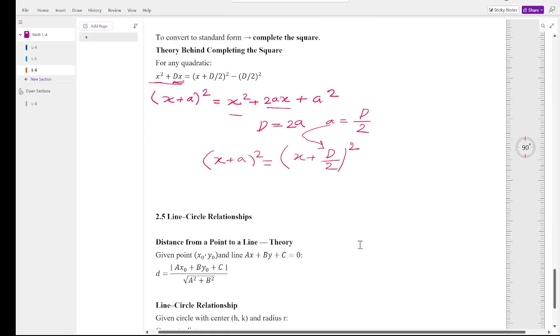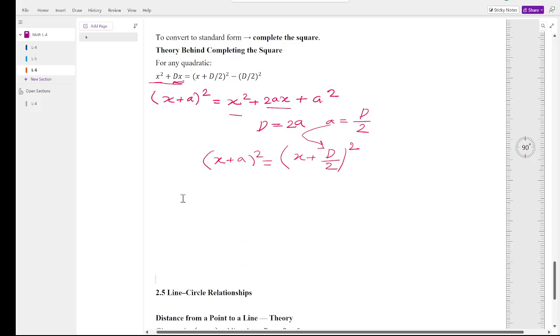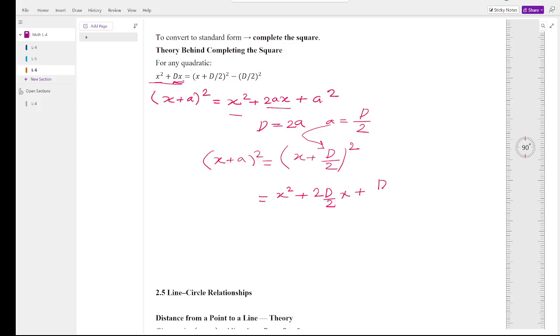Now we multiply. So we get x squared plus 2 times d by 2 times x plus d by 2 whole squared.